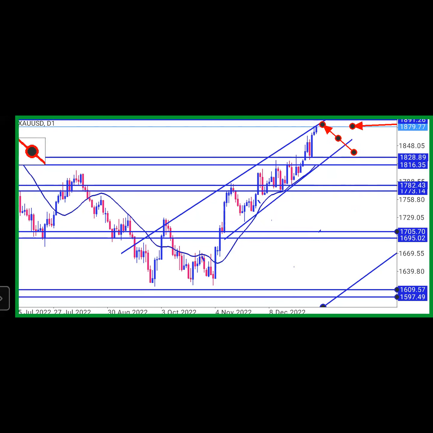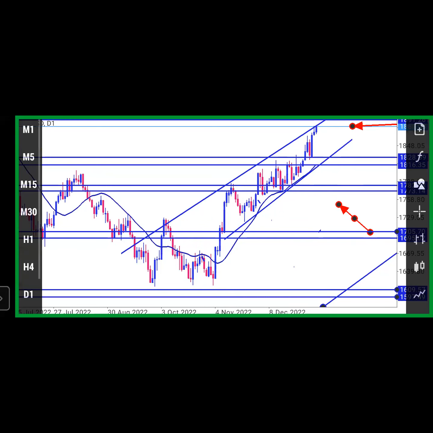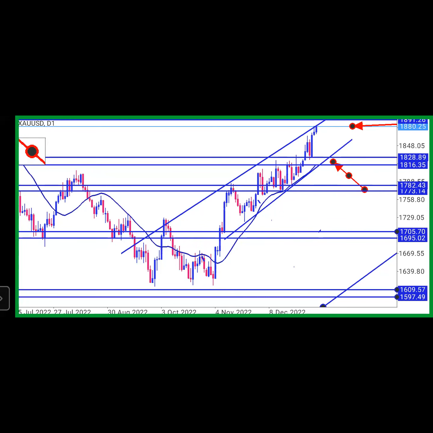But I won't go and jump in at the top, because it's this upper trend line. And what I taught you about the upper trend line of an uptrend, that's where the pullbacks happen. Look at when it hit the upper trend line, what did the market do? It sold. So I won't go and be buying here. I want to go on H1 and see, is there any other zone? Though I'll still put this 1828 area in mind, this zone.